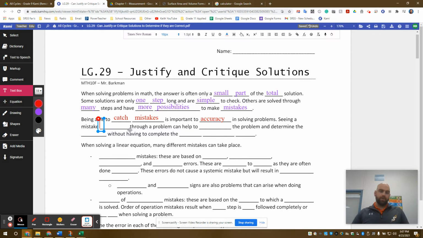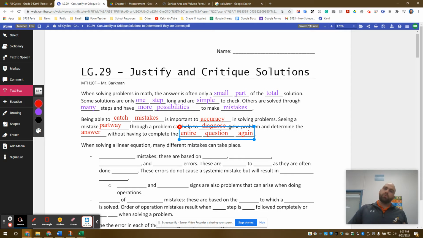Seeing a mistake partway through a problem can help to diagnose a problem and determine the answer without having to complete the entire question again. So instead of having to do the entire question a second time, we can look through our solution and say, oh, that is where I made a mistake. It was the last little step, I made a little mistake.